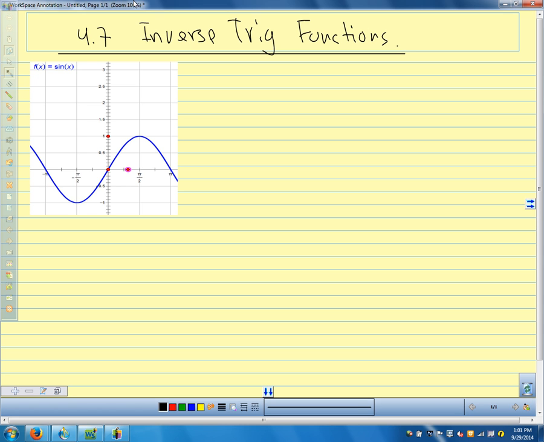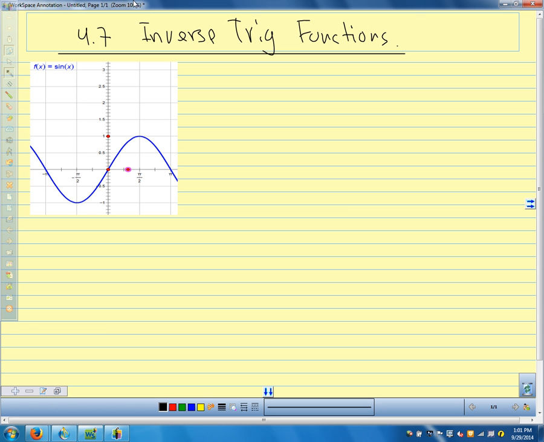When we have a graph of a function, how do we tell? We have a nice test that we can use. You remember? Horizontal line test. Would this thing pass the horizontal line test? No. So this function would not have an inverse.